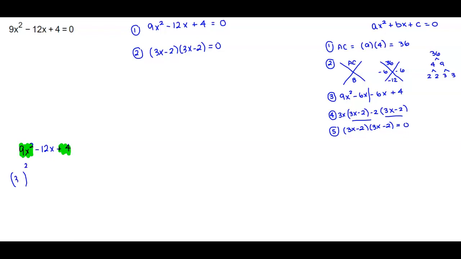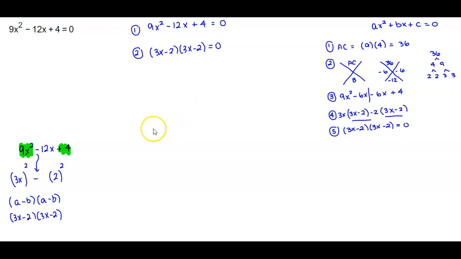Well, that's 3x. And then what do I need to multiply to get 4? Well, that's 2. Now, what is the sign here? Well, the sign is negative. So technically, this is the same thing as saying A minus B times A minus B, which is the same thing as saying 3x minus 2 times 3x minus 2.